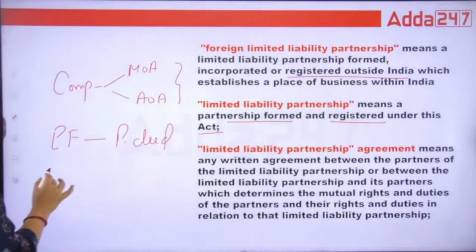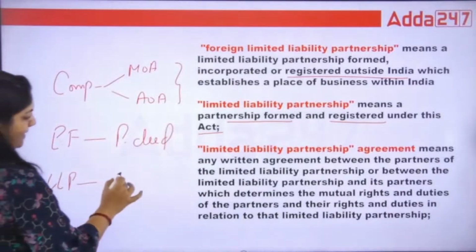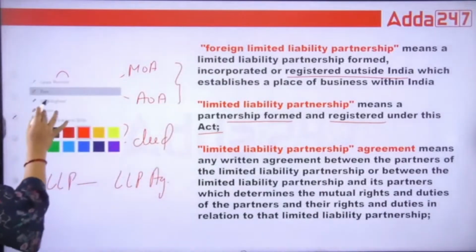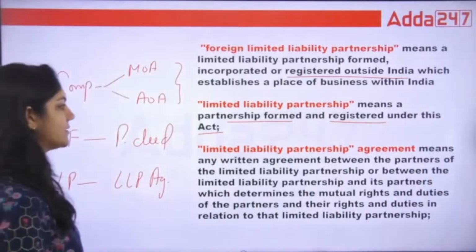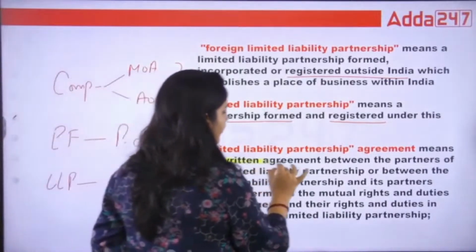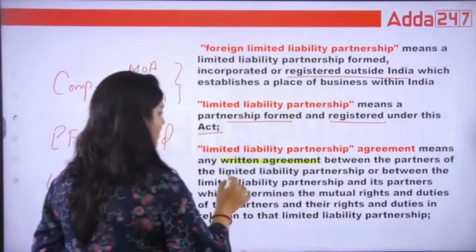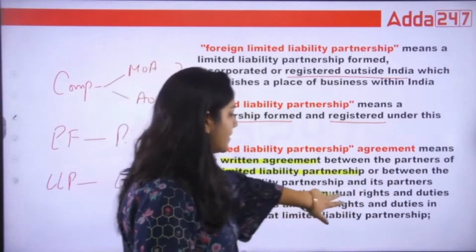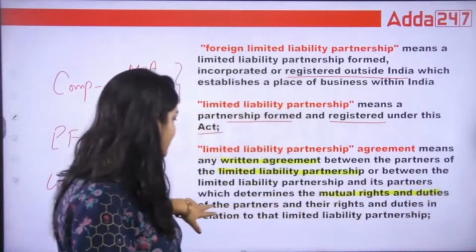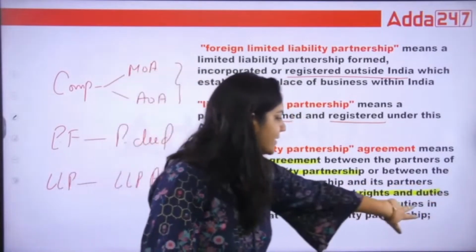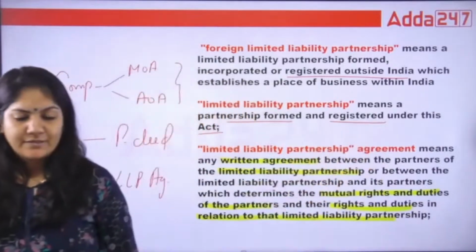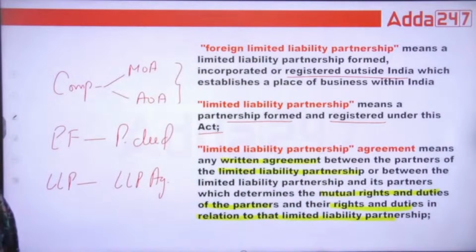Now if we talk about the LLP, LLP has an LLP agreement. It is the written agreement between the partners of the LLP, in which the mutual rights and duties of the partners, and the rights and duties in relation to that LLP, are written. That is given in the agreement. So guys, this is an important point.